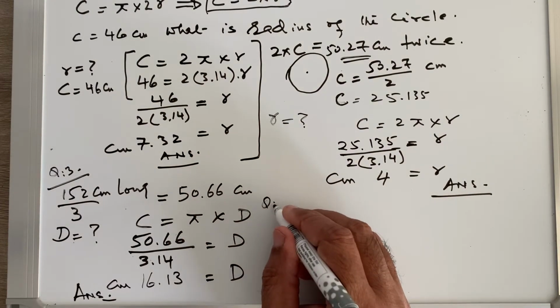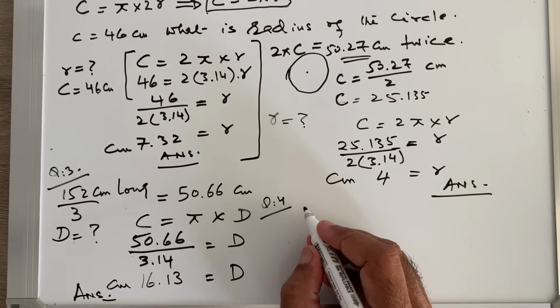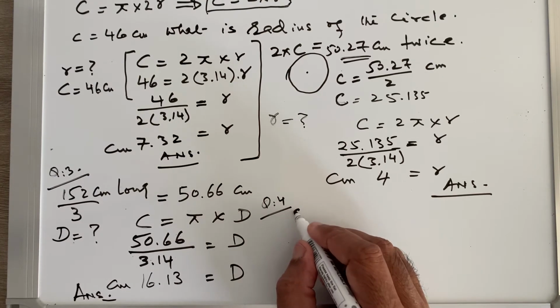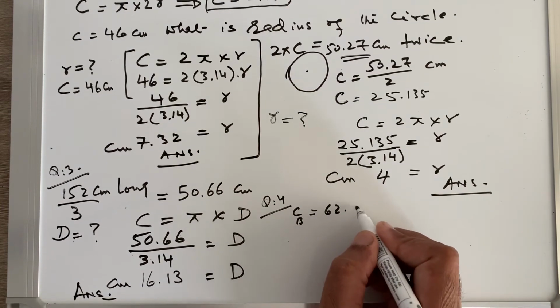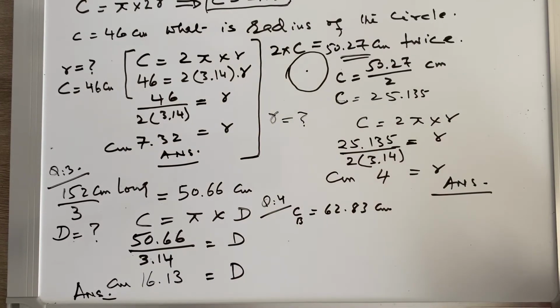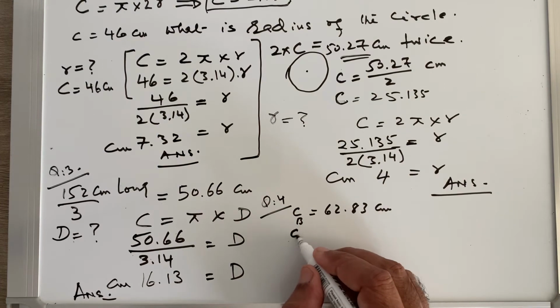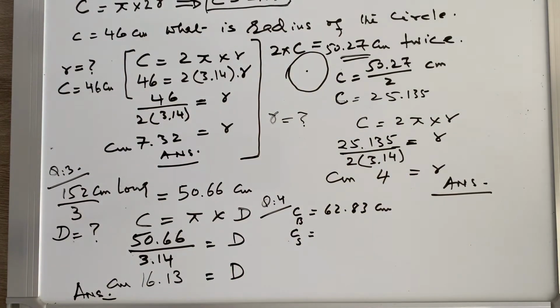This is my question number 4 for your assignment. The circumference of a big circle, CB, is equal to 62.83 centimeter. But this is twice as big as the small circle. So what will be the circumference of the small circle? Because it is twice, I have to halve it.